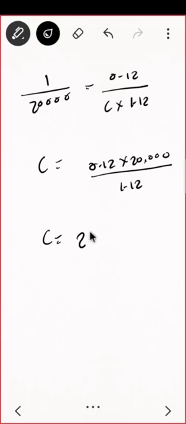2000, 45. क्या है, 2100 कितना बोला? 32. 2132, 42, yes that is what I'm saying. 2142.8 यही है.